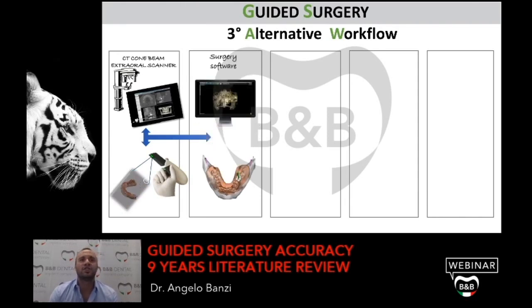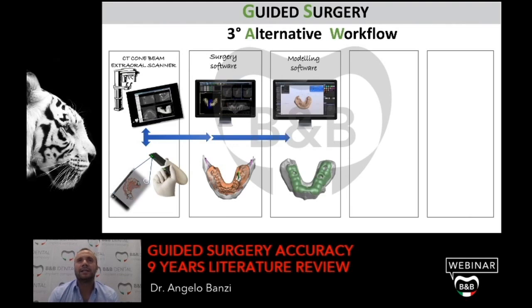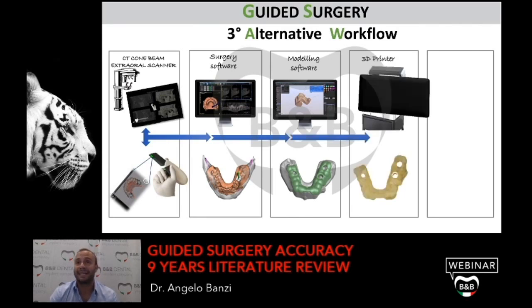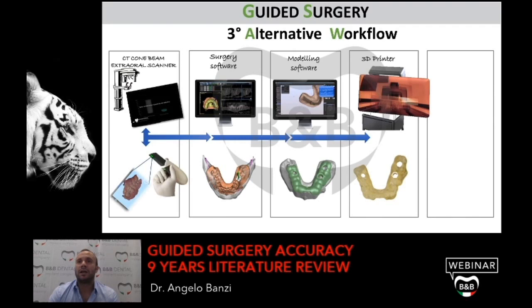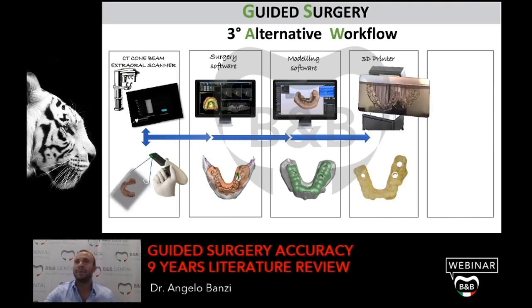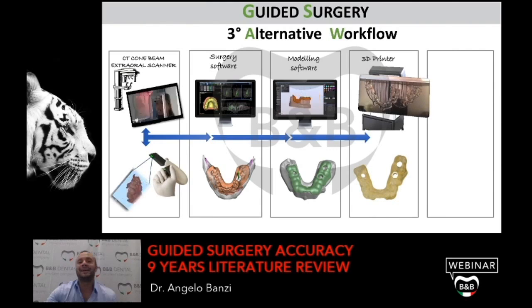I mean, surgical software to place the implant position, modeling software to design the virtual surgical template, the 3D printer to print the surgical template, and finally the milling machine to get the prosthesis.